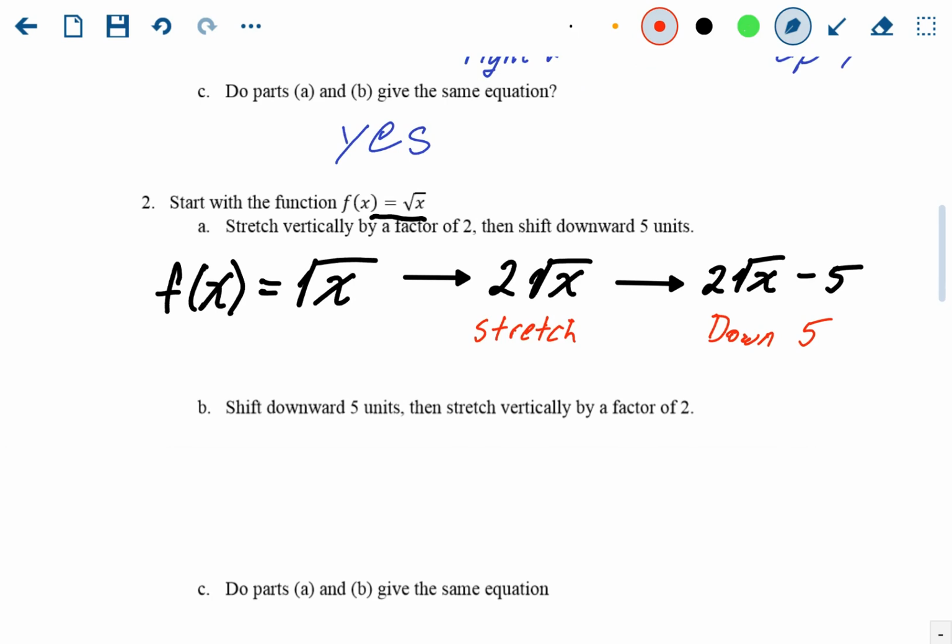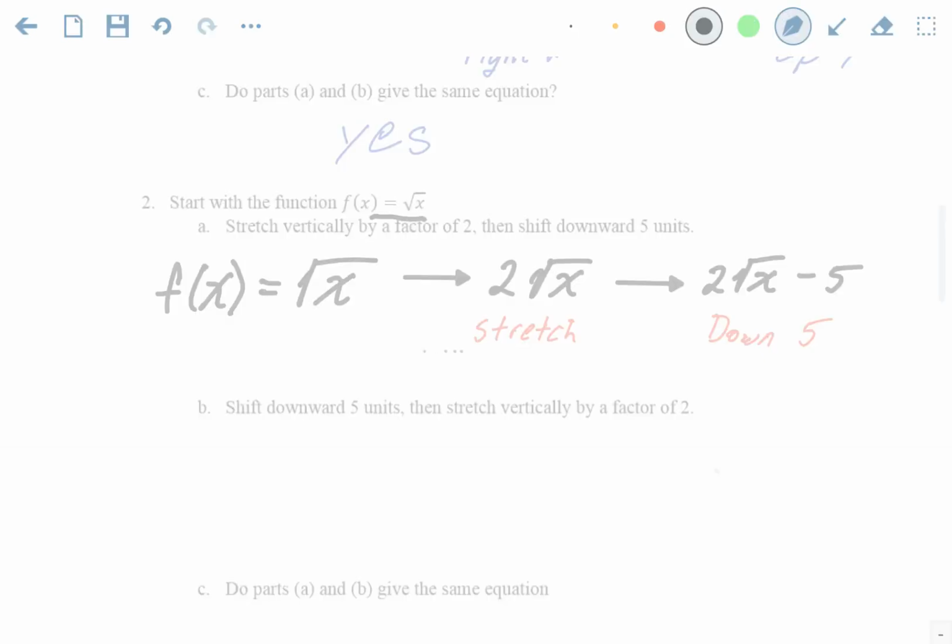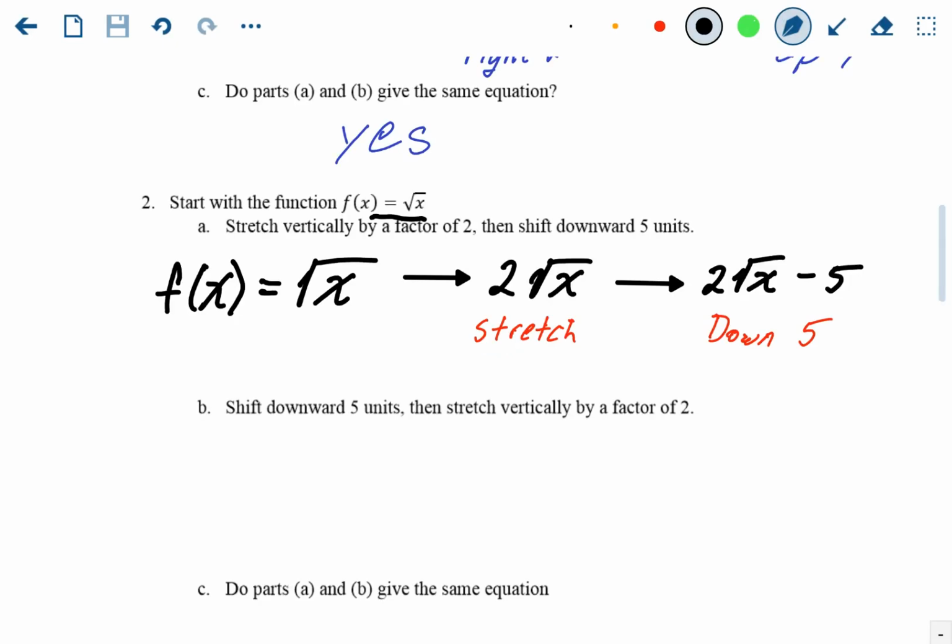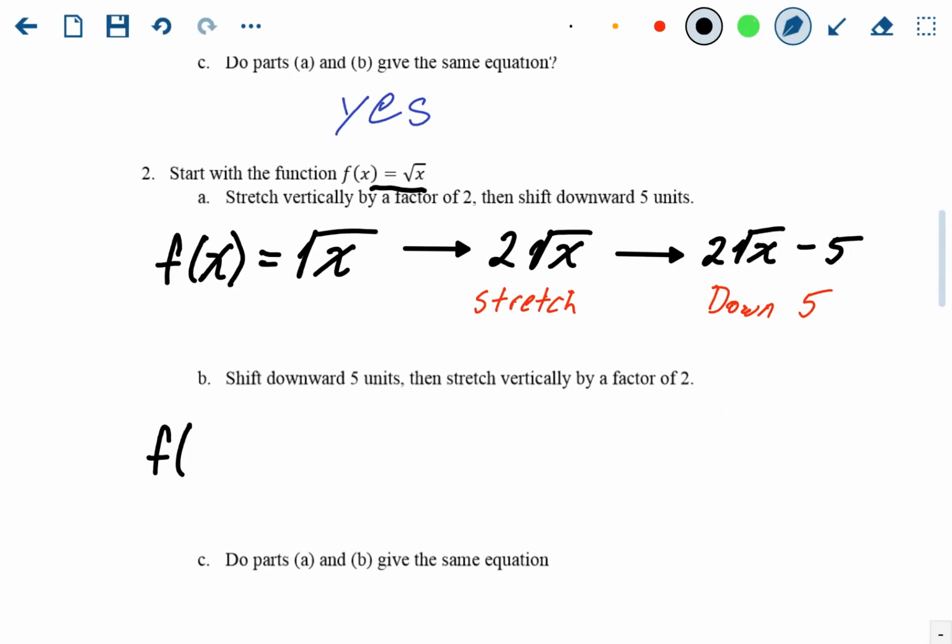Alright, so now we'll flip the order on this one. Shift down 5 units and then stretch vertically. So again, in part A we stretched first and then shifted down. This time we're going to shift down and then stretch. So again, start with the parent function, which is the square root of x, and go down 5 units. So at the end, outside of the function, you're going to have to do minus 5.